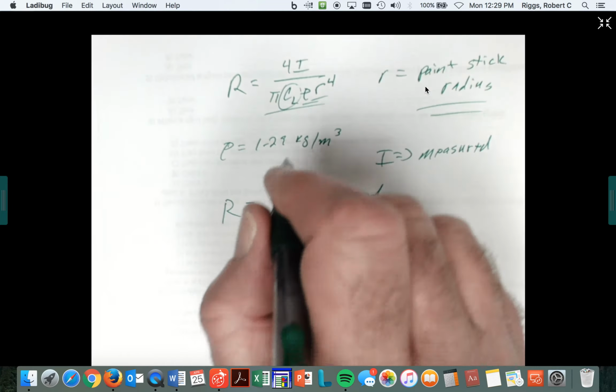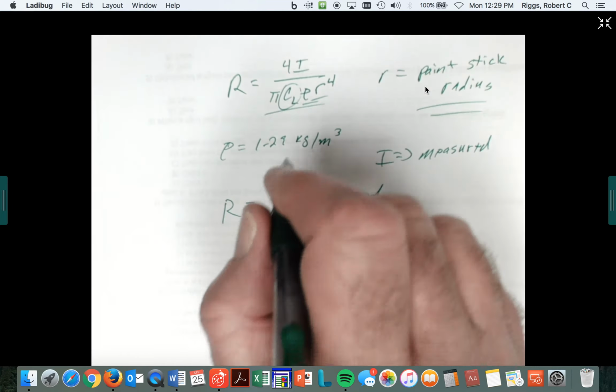Now we've got to find CL. So now we'll divide by R. Look what happens: the CL disappeared over there. Yay, team. Now, divide both sides by R. So you get CL R over R is equal to 4I. Since we put R below the line, we're going to put it below the line here: pi R rho, which is your density of air, times your little r to the fourth.